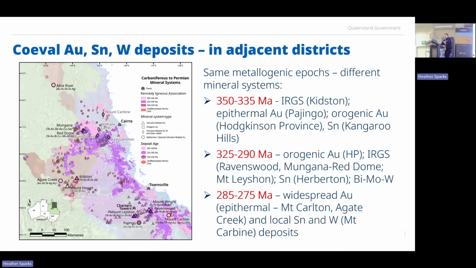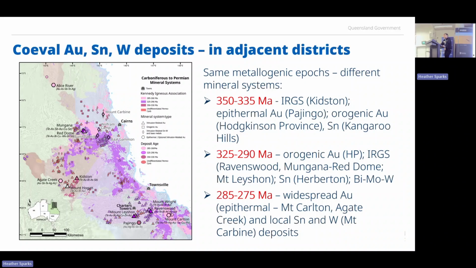And so the earliest phase of orogenic gold mineralization in Northern Queensland, and the earliest introduction of tin mineralization in the Kangaroo Hills. The next episode, which is mid to late Carboniferous, is where the bulk of intrusion-related gold deposits are introduced, pretty much throughout the region.